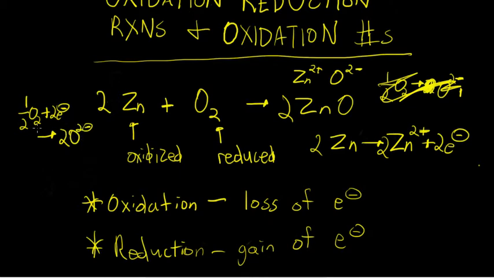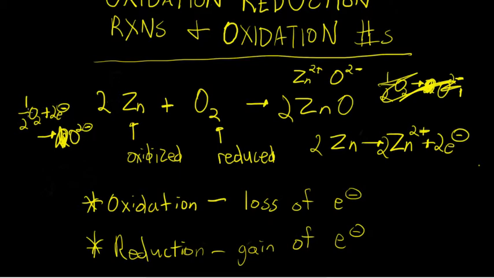So the reason I have a 1/2 in front of this oxygen is so that this equation is balanced. You have 1 oxygen atom here on the right side, and you should have 1 on the left side. You have a 2- charge on the right side of the equation.